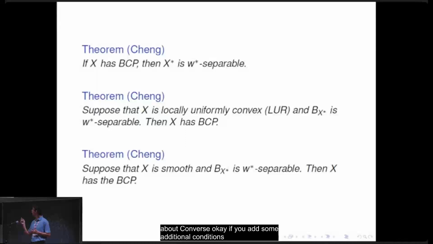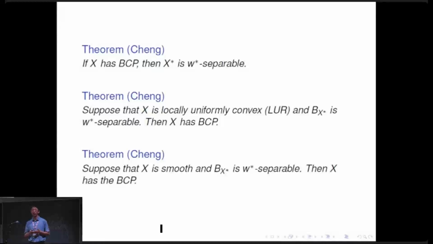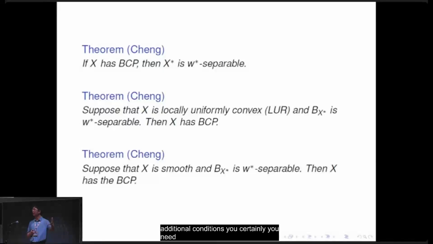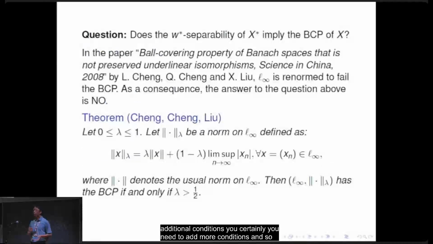Also, if X is smooth and the ball of X star is weak star separable, you can also get that X has the ball covering property. For those results, you certainly need to add more conditions. So the real question is still, does the weak star separability of X star imply the BCP?